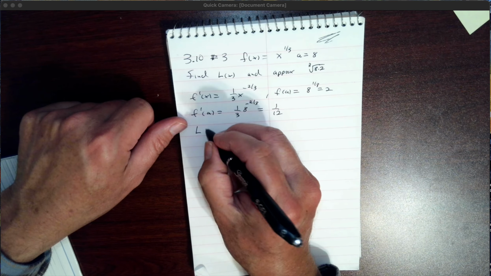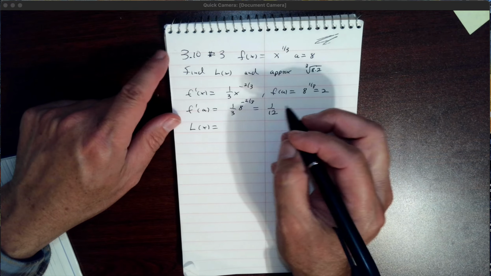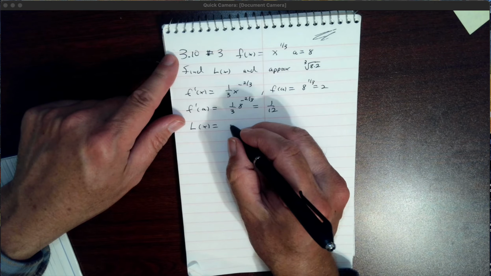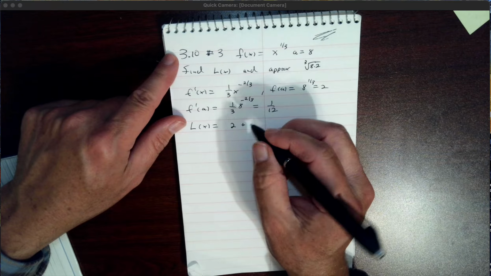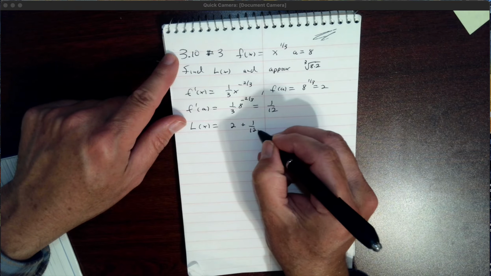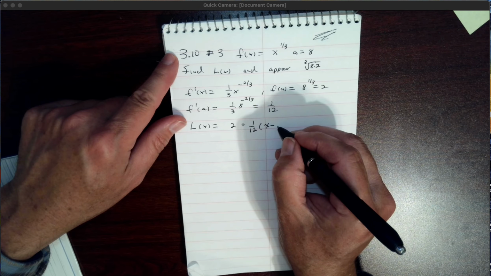So the linearization, L of x, is equal to f of a, 2, plus f prime of a, 1/12, times x minus a. A is 8, right?